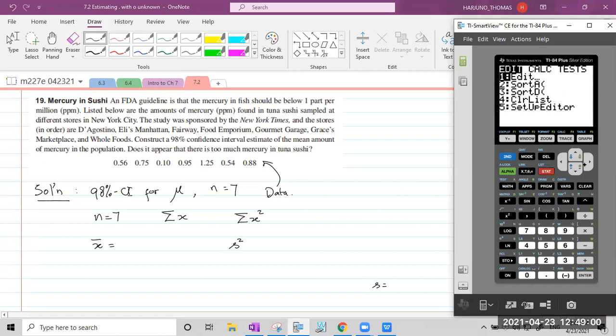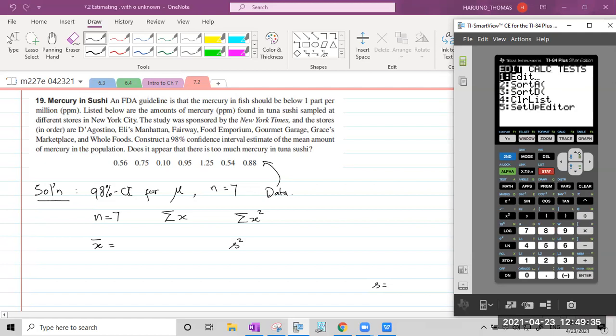Let me plug in the data. This time, let me plug that into list number 2. 0.56 is the first data, the second data, 0.75. Make sure you type it correctly, because if anything is wrong, the whole work will be wrong, and you have no way to check that anymore. 1.25, 0.54, 0.88.